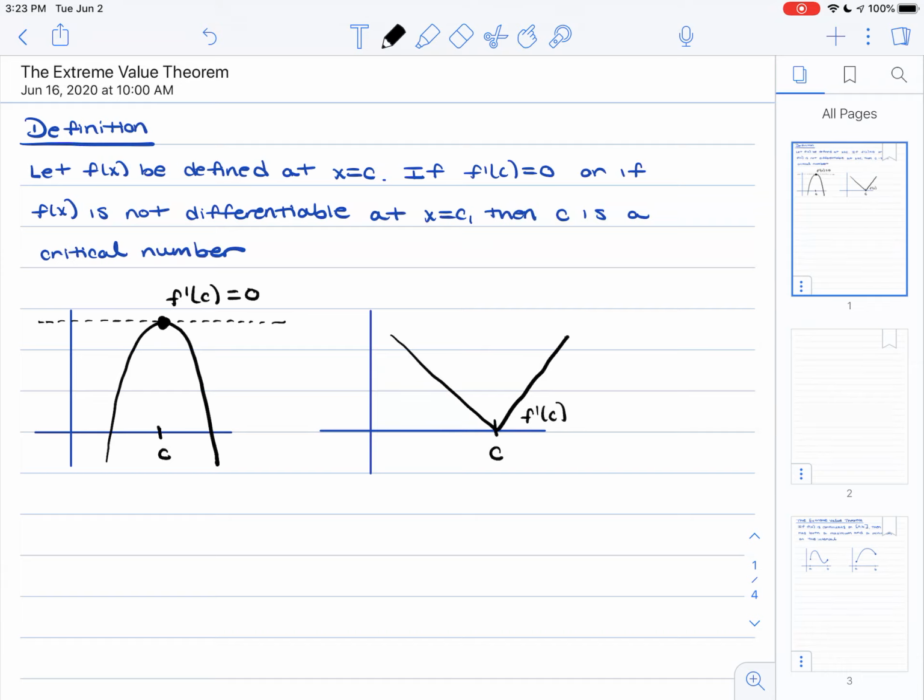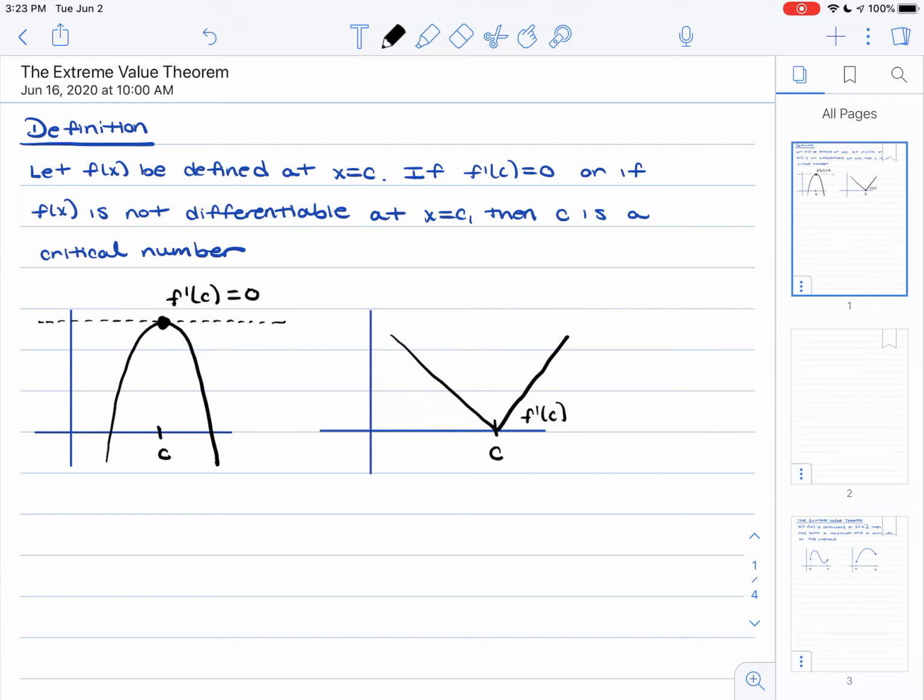So not only can our max and min values occur at the turning points, but they can also occur at the endpoints, okay? So with this extreme value theorem, it's telling us that somewhere within this interval, we will have a maximum and a minimum value. There will be a low point and there will be a high point.